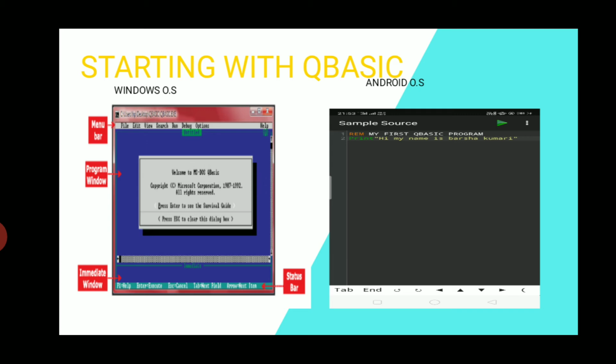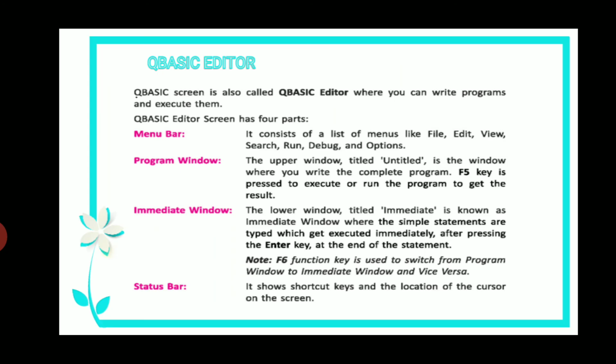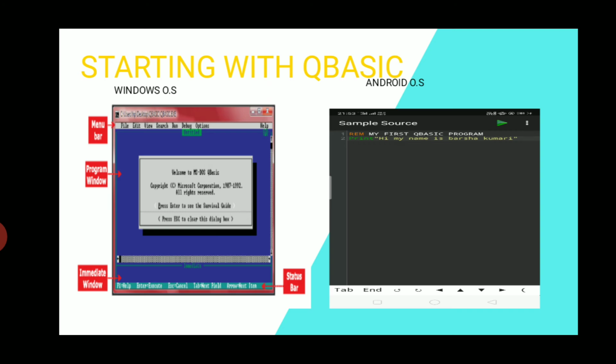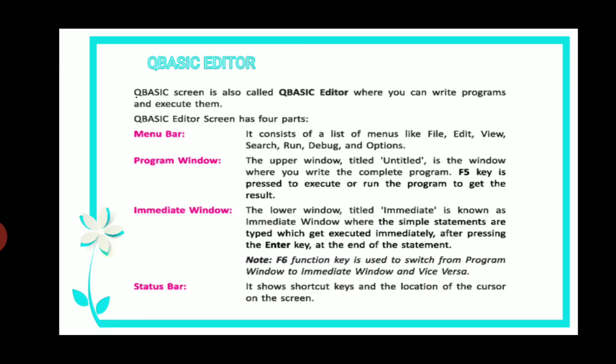Like for a Word document, after the dot there is the type of the document, for MS Word it is .docx. So for QBASIC, the extension is .bas. BAS stands for BASIC.